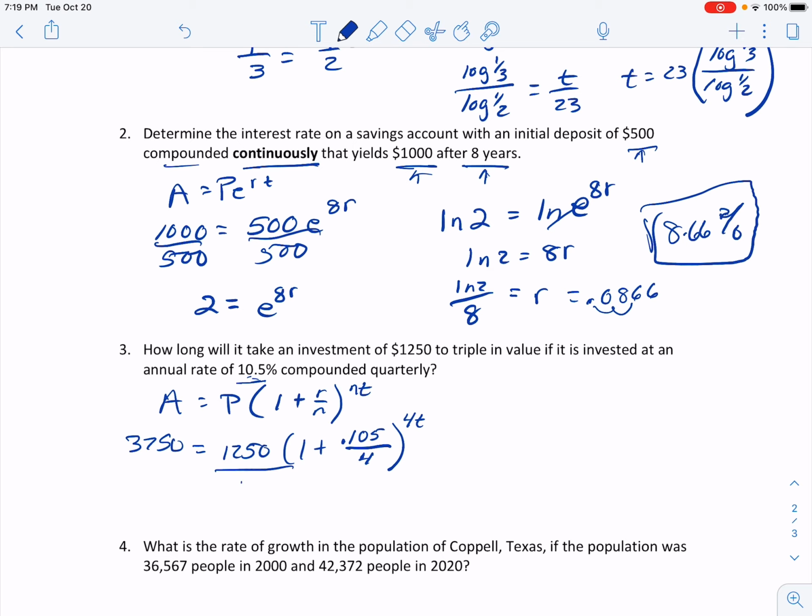First thing you do is divide by 12.50. So you get 3 equals, let's do our calculation in the parentheses, 0.105 divided by 4. This becomes 1.02625 to the 4t. I'm going to take the natural log of both sides, it doesn't matter, and bring my exponent to the front.